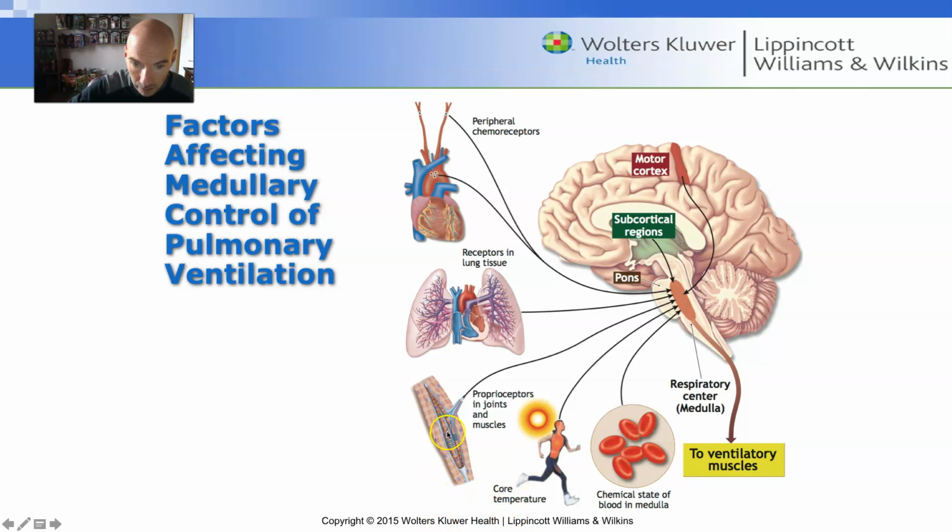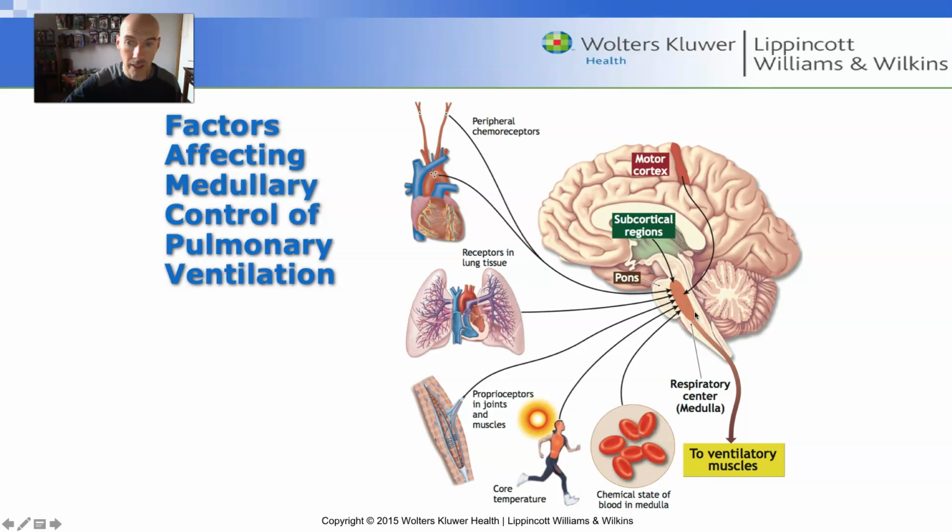Secondly, here we have these different receptors that we call proprioceptors. They're sensitive to changes in muscle length and tension. When our muscles are being used, contracting and relaxing as they do during exercise, these proprioceptors send signals up to the brain, specifically to what we call the respiratory control center, which is found in the medulla.